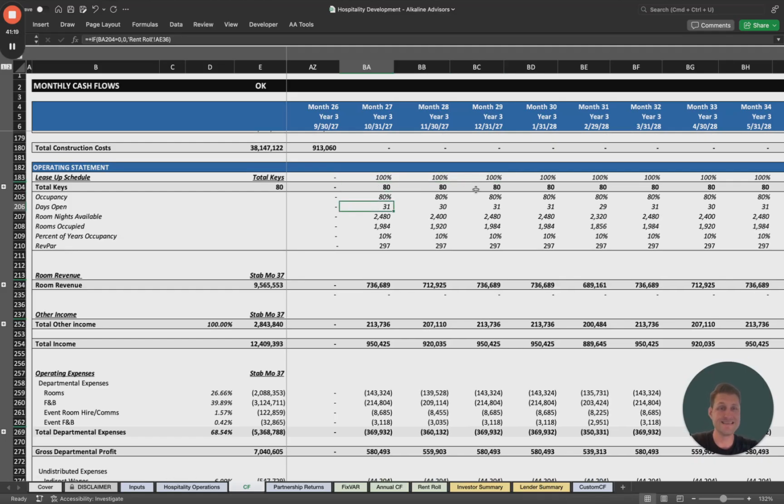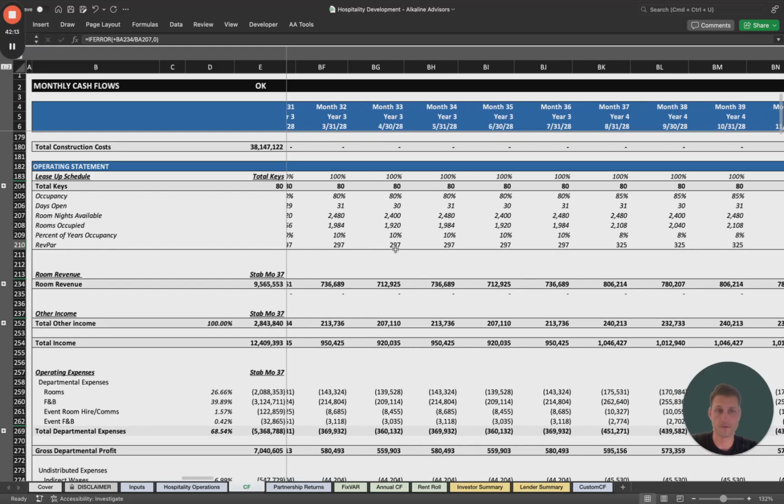We have the number of days open in a month. We have the room nights available in that month. We have the number of rooms occupied in that period. We have the percent of year's occupancy. Again, it's going to be based off of the occupancy factor of the month as it relates to a given year. So what percent does that month take up of the year in terms of occupancy? And then the revenue per available room, or RevPAR.